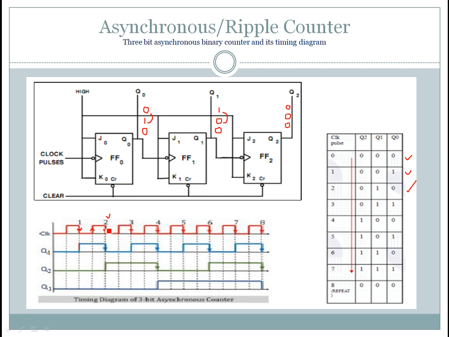So for the second negative edge, Q2 is 0, Q1 is 1 and Q0 is 0. Okay, so this is Q2, this is Q1 and this is Q0.